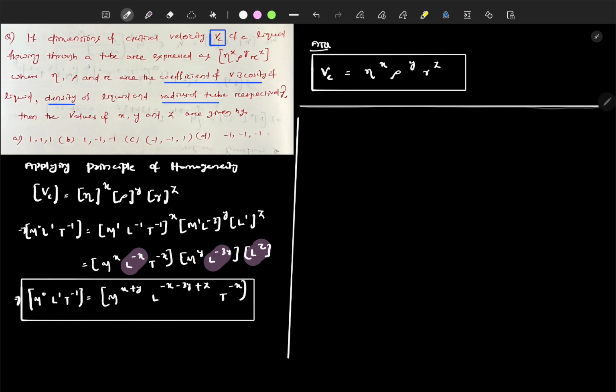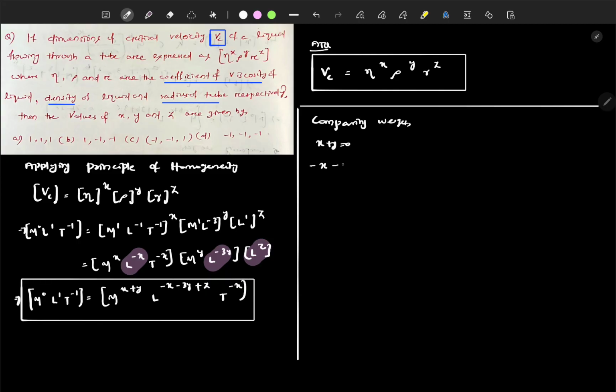Then comparing both sides, what are the three equations? x plus y equals 0.